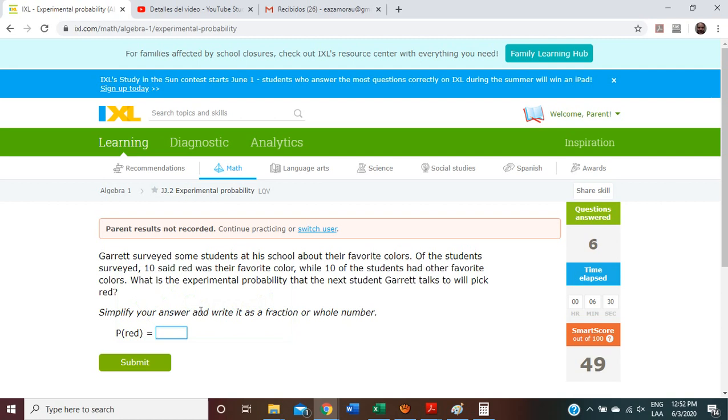Garrett surveyed some students at school about their favorite colors. Of the students surveyed, 10 said red was their favorite color, while 10 of the students had other favorite colors. What is the experimental probability that the next student Garrett talks to will pick red? So 10 said red, and another 10 said other colors.